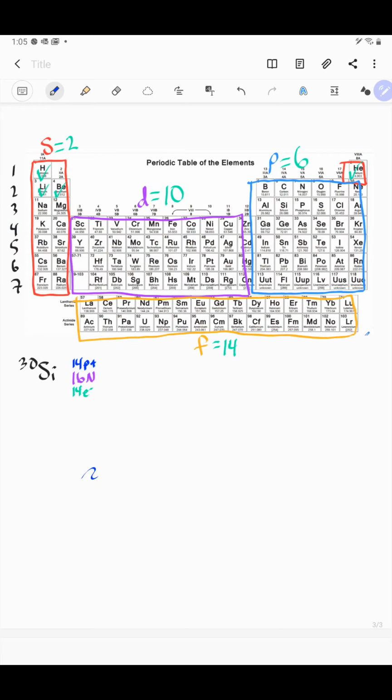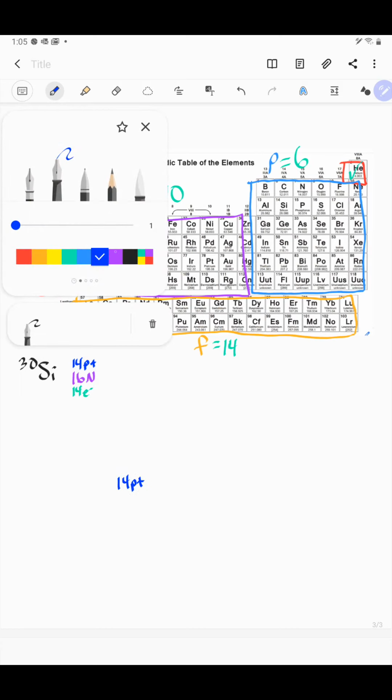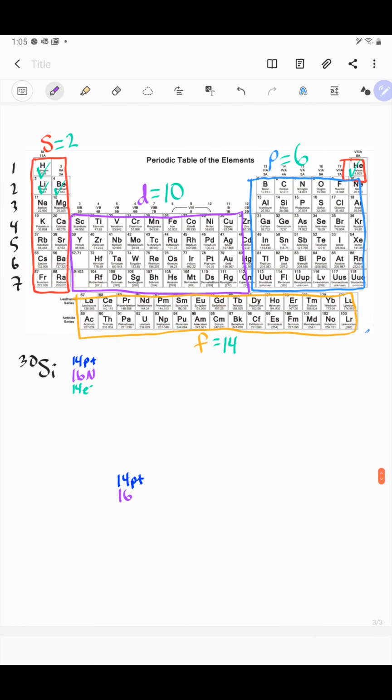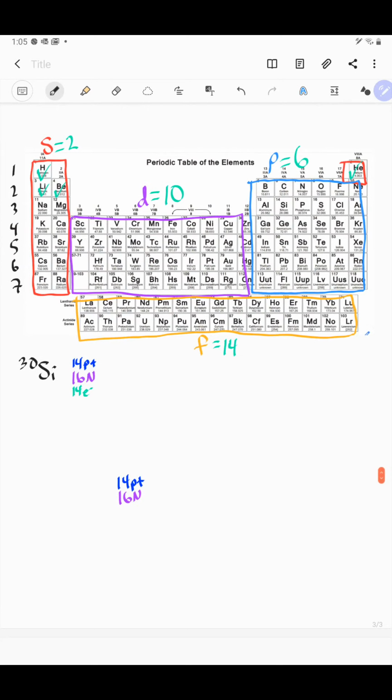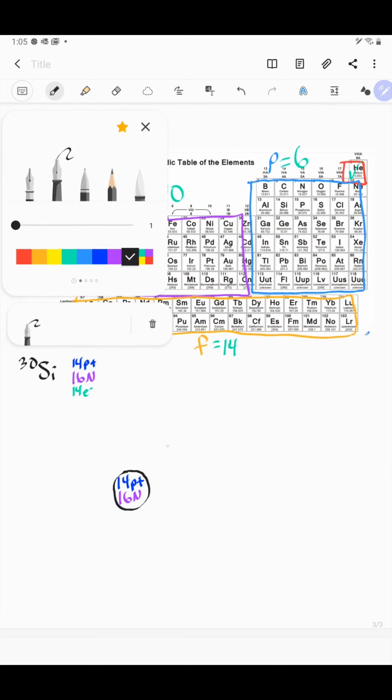We can now draw our protons and neutrons in the center, in the nucleus. And then our electrons around it.